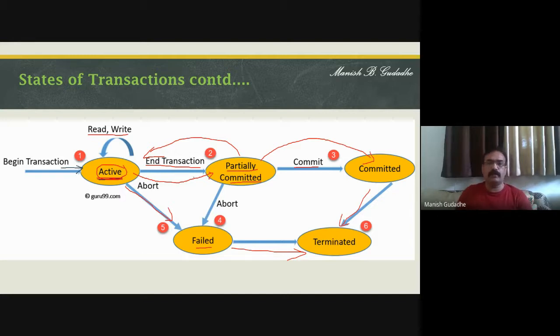So from that also we come to the failed state, and from failed state we are going to move to the terminated state. So these are the 5 states which the transaction achieves. It means when the transaction is under execution, it will be in one of these 5 states.